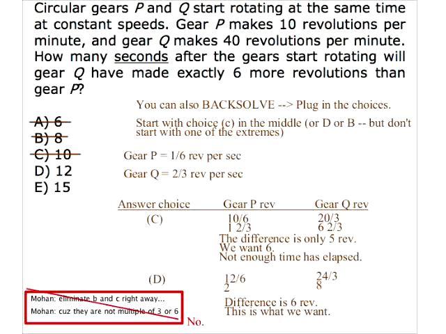That'll get you in trouble, because if you imagine that I had the question asking about 5 revolutions instead of 6, then the answer is actually C. Even though these are fractional, the difference between them is exactly 5 revolutions.